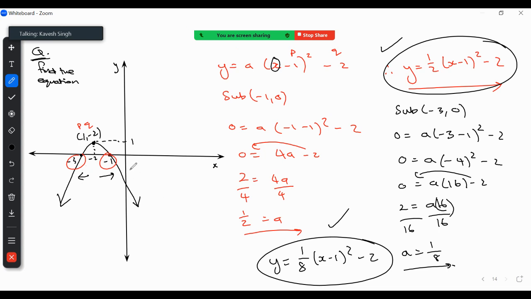Because if I substitute each one of those points in there, it will work. If I put -1 minus 1 is -2 squared. -2 squared is 4. 4 over 8 will be half. That won't work. Which means that there's something wrong with this. We should have been given one of them and not the other.